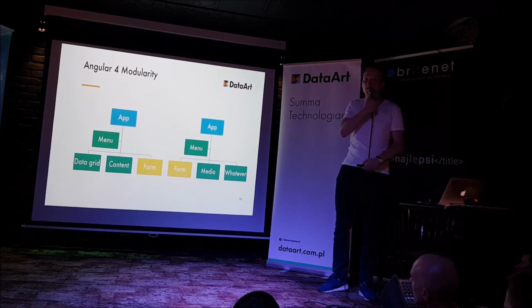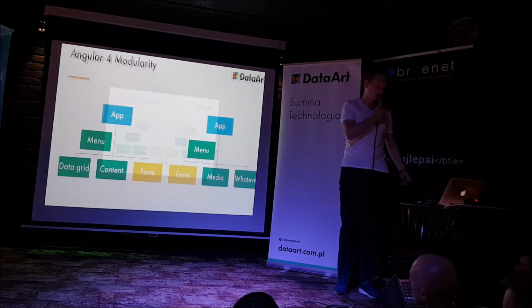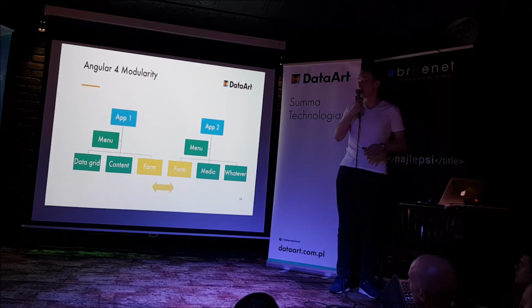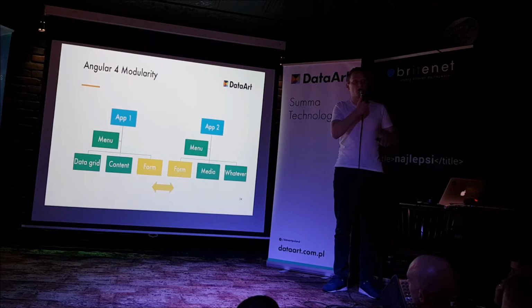We can export it to an NPM module, for example, and use it as an NPM module. So pretty easy, and it's based on the rule that our components should be architecture agnostic. Our components should have some inputs, outputs, some dependencies, but shouldn't know about other parts of the application.